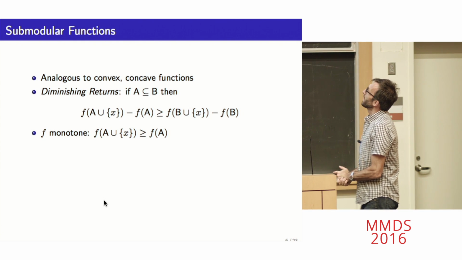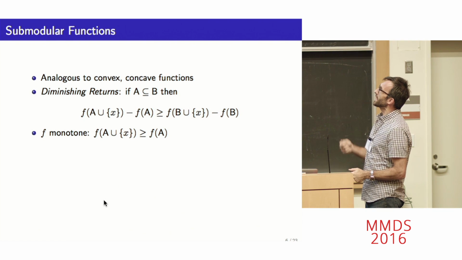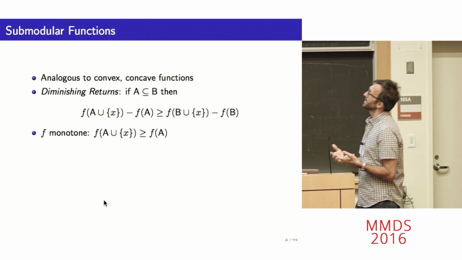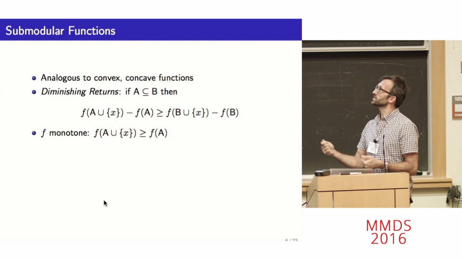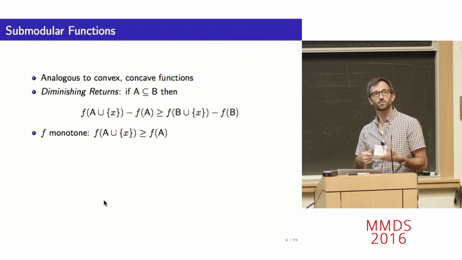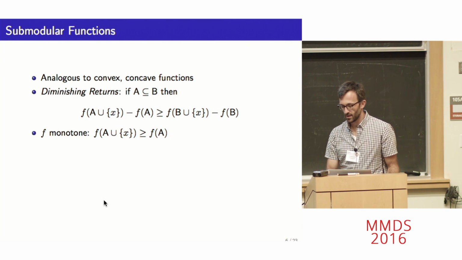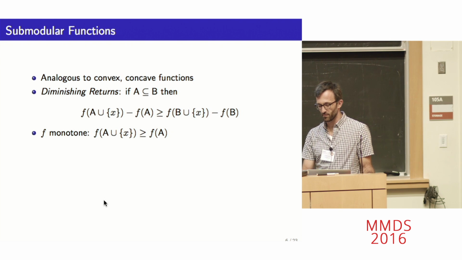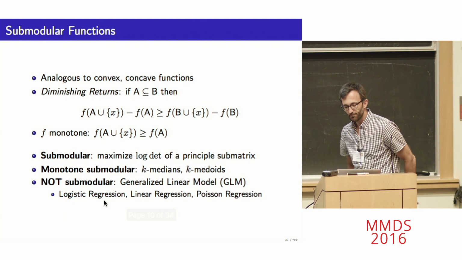The right-hand side is the additional value, the benefit that you get if you add x to your set now if you had B. So diminishing returns says that if I add x to a big set, that increases my value less than if I add x to a subset of that big set. Okay, so that's what's written up there. And monotone again just means that you always benefit. You don't hurt yourself by adding something.